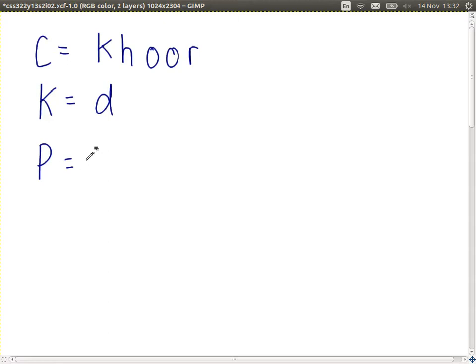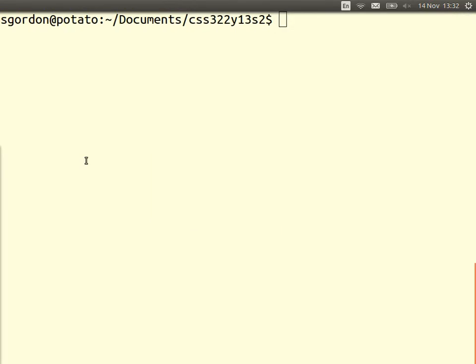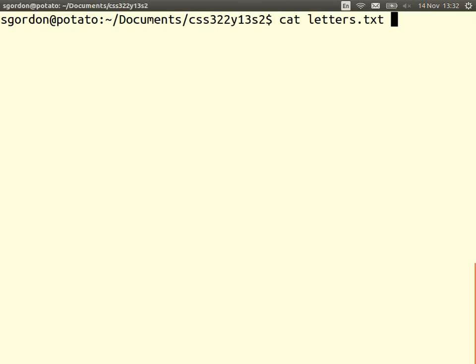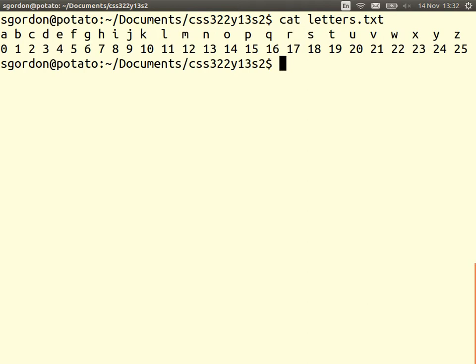Just to make it a bit easier for those who can't remember the alphabet or the ordering, that's the mapping of letters to numbers.